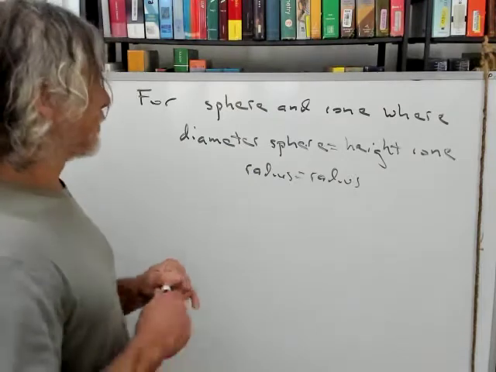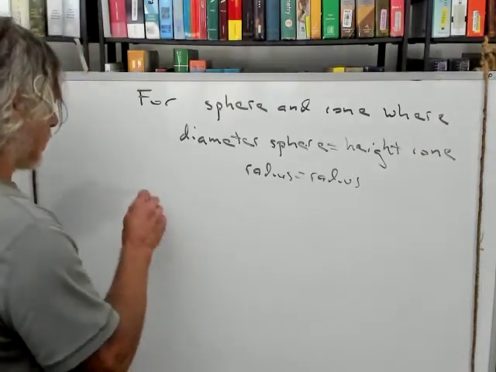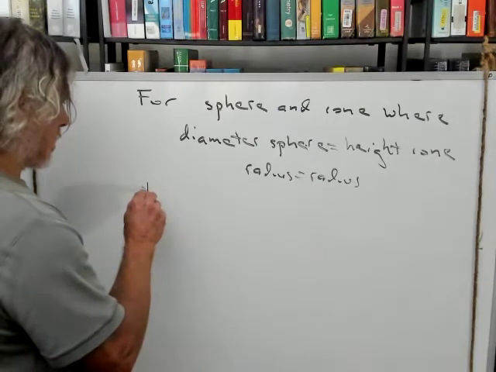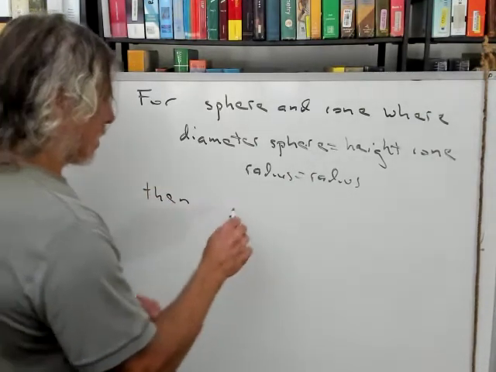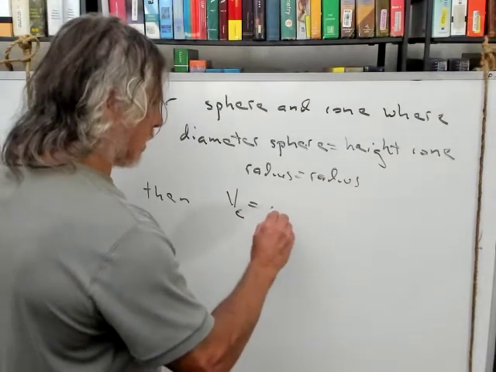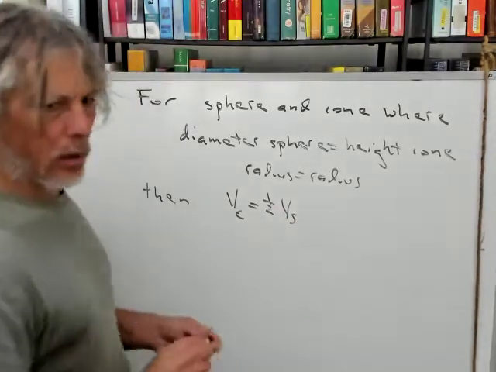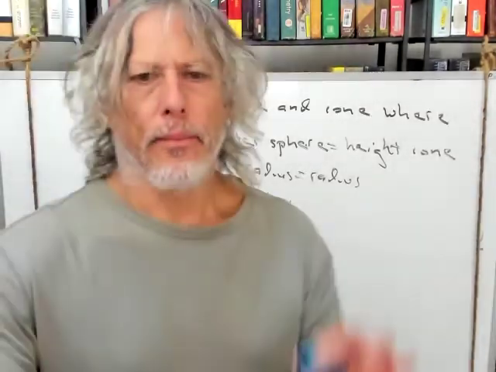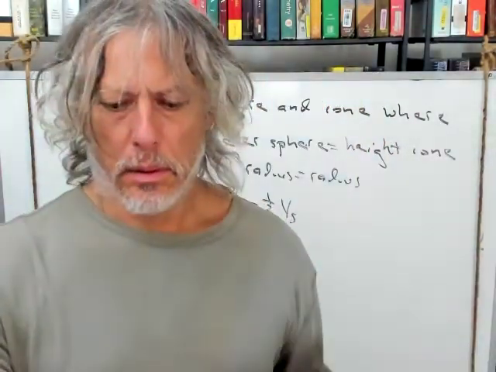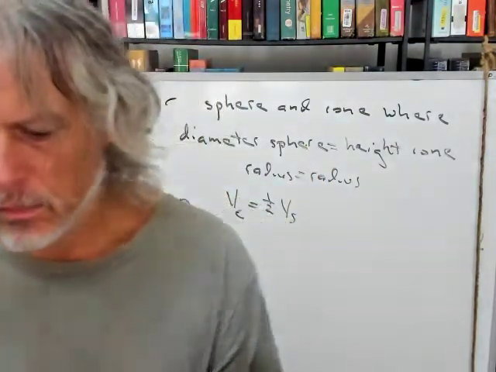When we got this, then we saw that volume of the cone is half the volume of a sphere, because it was a hemisphere. This is half of this. This is equal to the volume of a hemisphere.